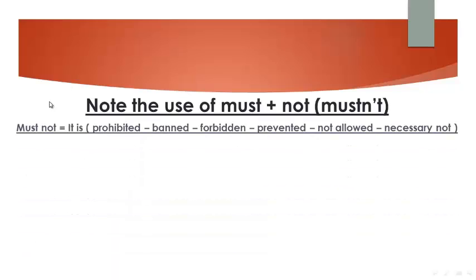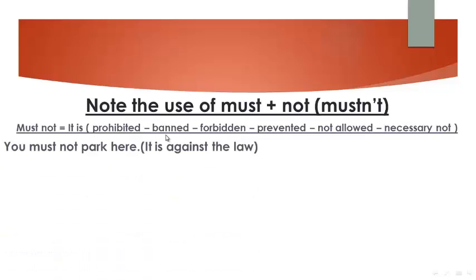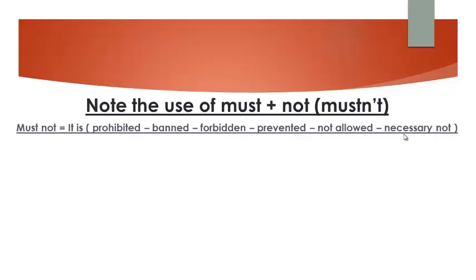You see, we use mustn't or must not to say that it's prohibited, banned, forbidden, or not allowed, for things that are prohibited or prevented by law. You know, like the policemen will arrest you if you do something.